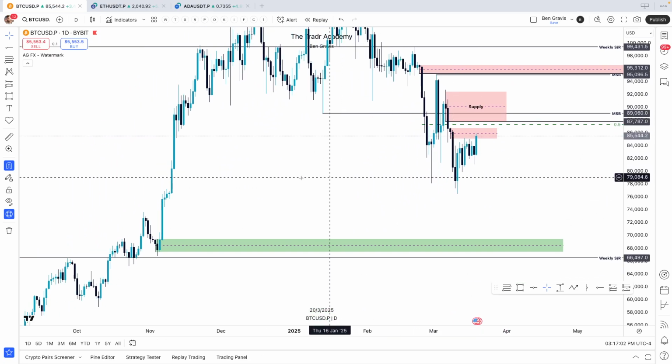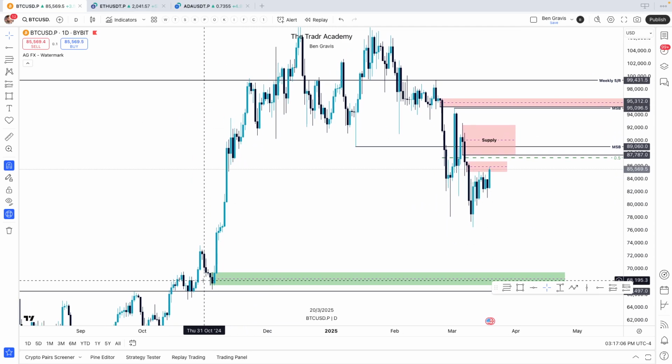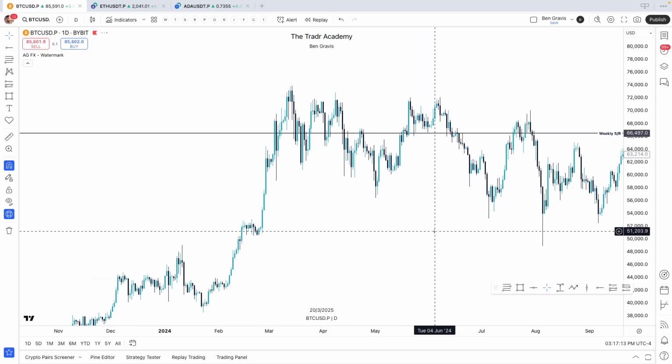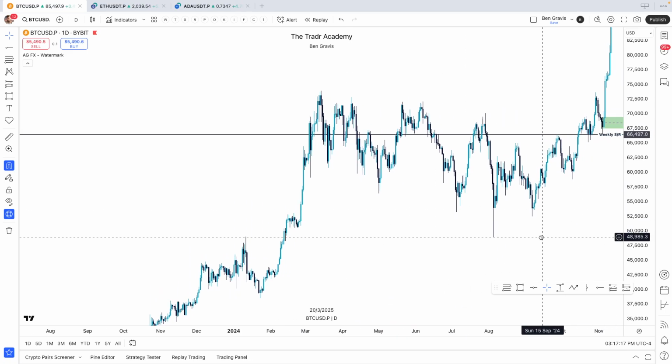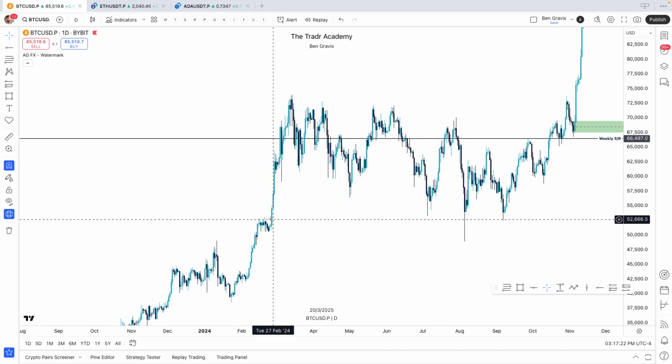If you look at this massive move, you could think, why don't we drop back below here? Even here, that's a better example. So you push through, and then you come back into this demand zone.